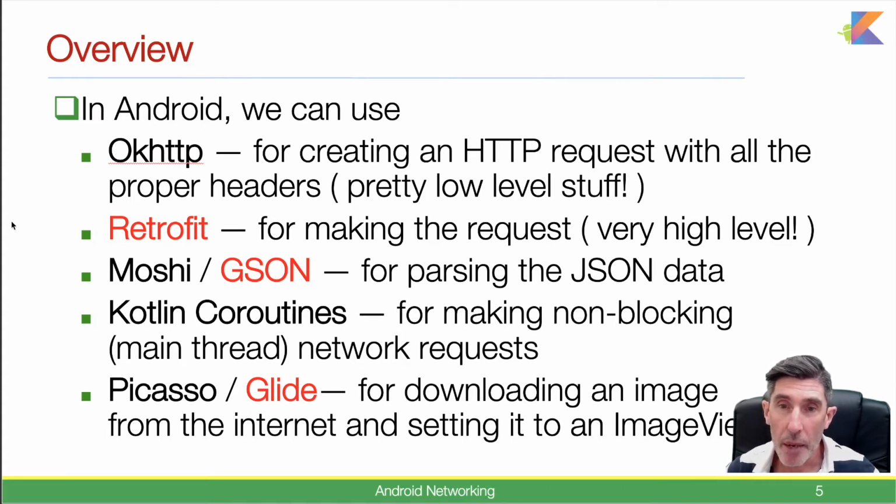We can use Moshi or JSON, another nice library by Google, for converting JSON into a Kotlin or Java object or vice versa. So this is what we're going to use to make those conversions, and we look at examples later on. We could use Kotlin coroutines for making non-blocking network requests off the main thread, and you can also use the likes of Picasso or Glide for downloading an image from the internet and setting it to an image view.